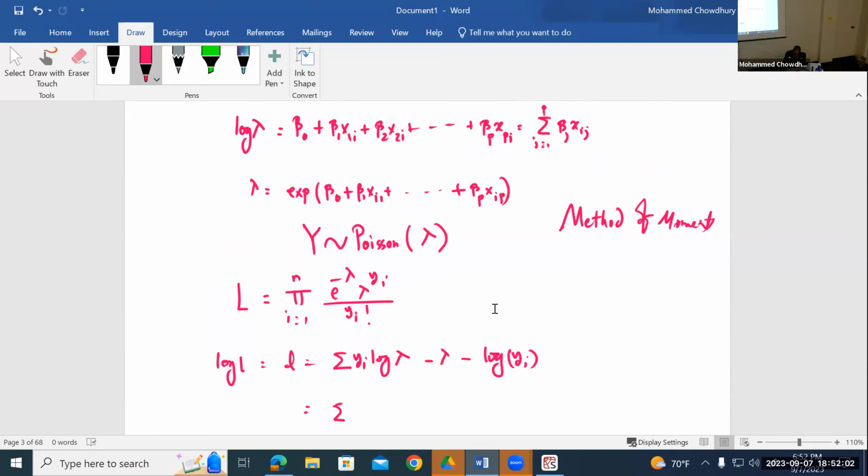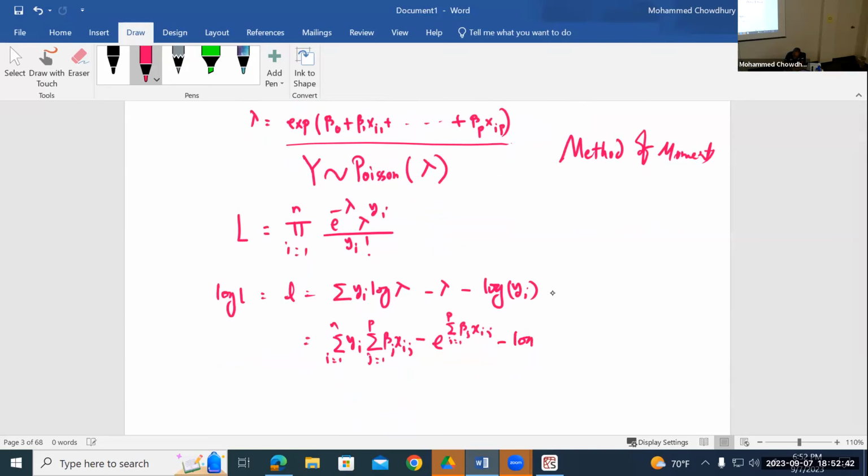It becomes the sum of y_i, where i goes from 1 to n, times the sum over j from 1 to p of beta_j x_ij, and then I put in the value of lambda, which is e to the power sum of beta_j x_ij, with j going 1 to p. And that is my log likelihood.